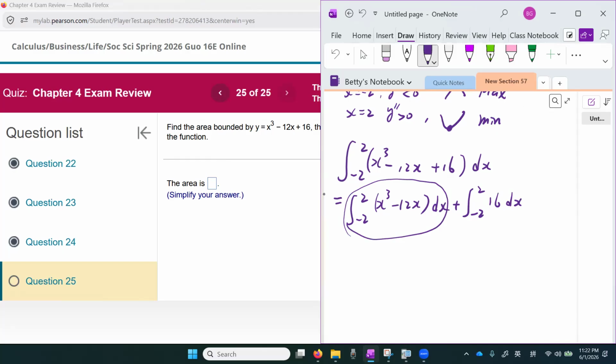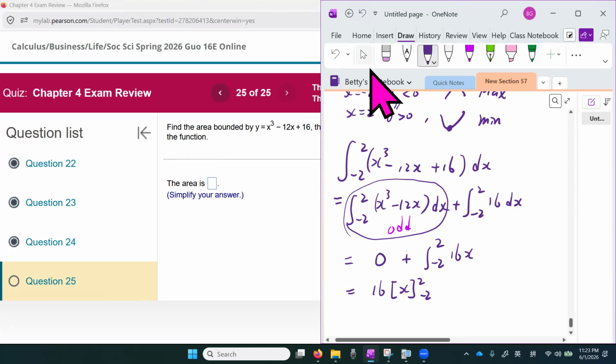Look at this one: the integrand x cubed minus 12x is an odd function. If the function is odd and the lower limit and upper limit are opposites of each other, the integral is 0. So now we have the integral from -2 to +2 of 16, which gives 16x from -2 to 2.